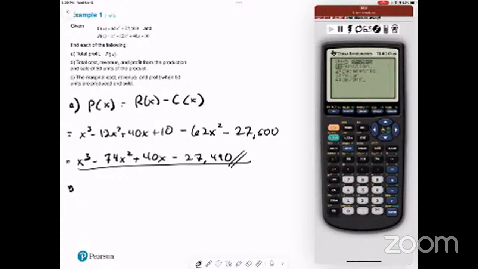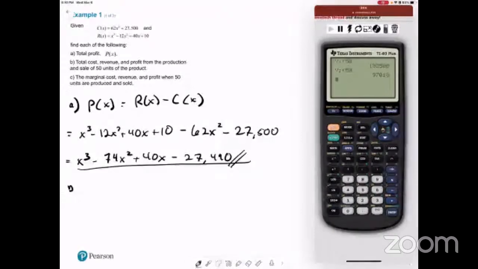So that's going to be the one that's in slot 2 or Y2. If we sell 50 units, the money generated should be this. Ooh, looks like we're in the red. Wait a minute. Yeah, that's what it looks like. Man, it looks like we are in the hole.